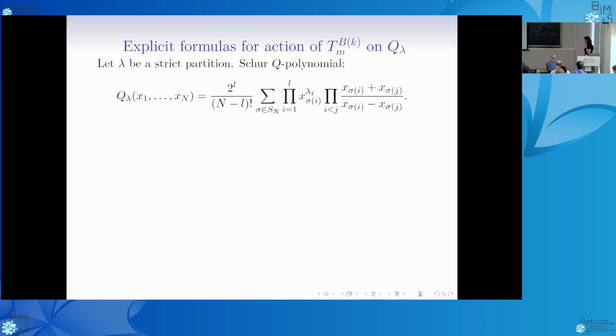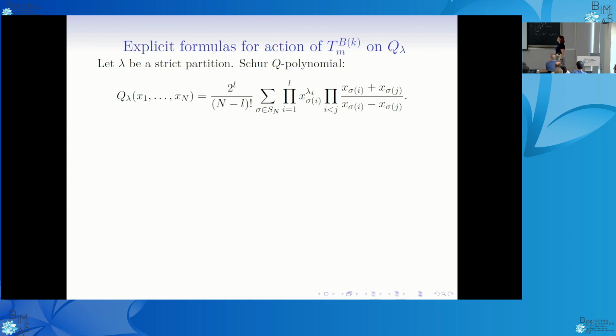Now, instead of Schur symmetric functions, we consider Schur Q functions. Maybe it's not the most successful definition that I could present here, but I was out of time to prepare the slides, so this is one of the definitions.